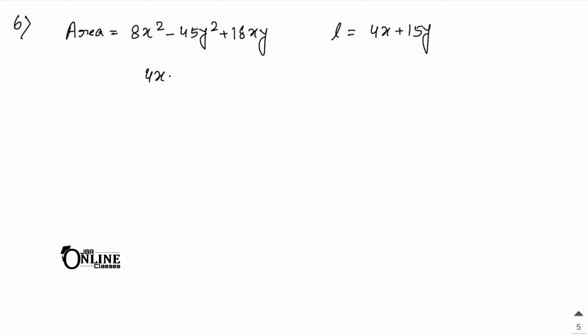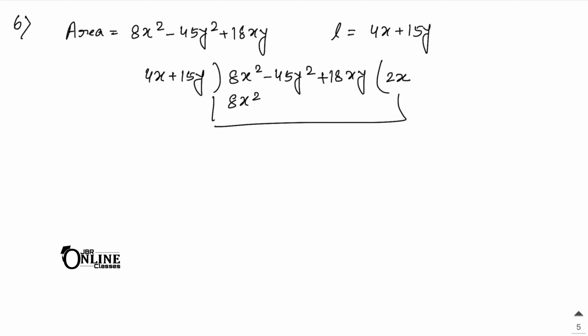So here write down 4x plus 15y, and here the dividend as the area, that is 8x square plus 18xy minus 45y square. Clear? Now first is 4x, and you have 8x square. So if you multiply this one with 2x, it will be 8x square. Then next one, 15 into 2 is 30, that is 30xy.